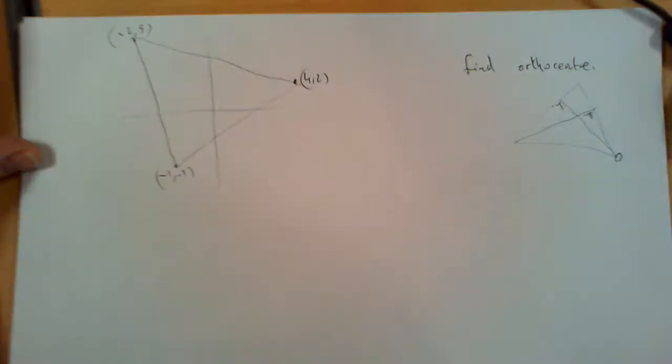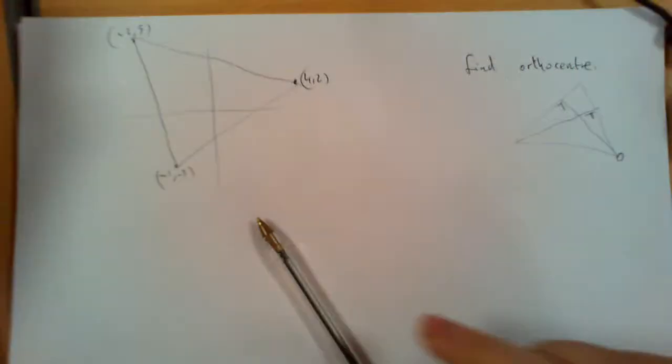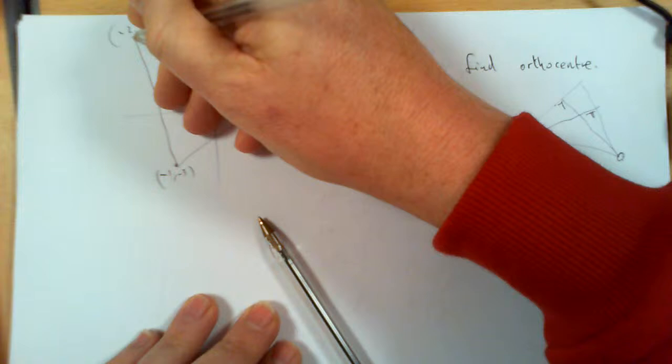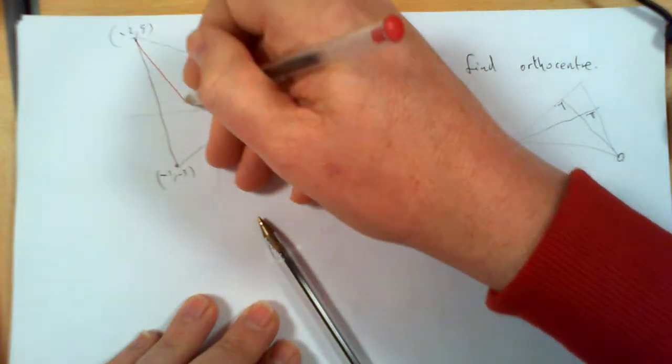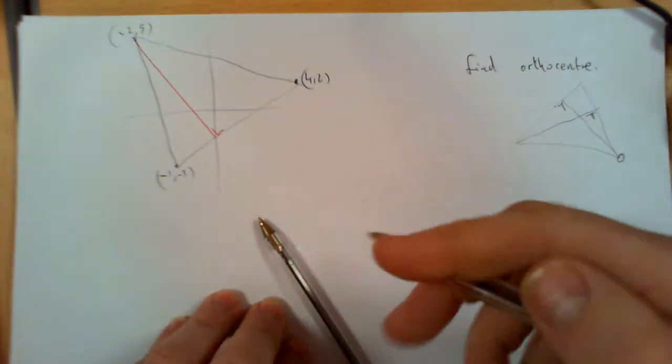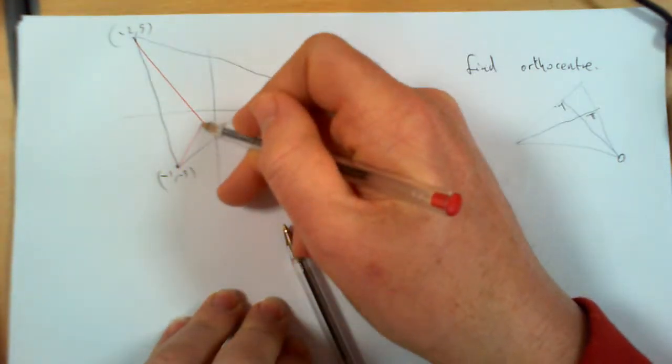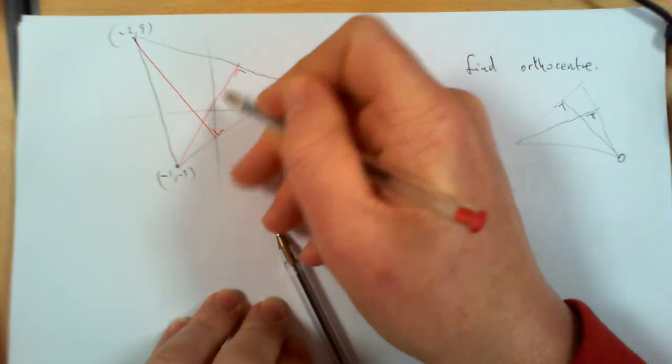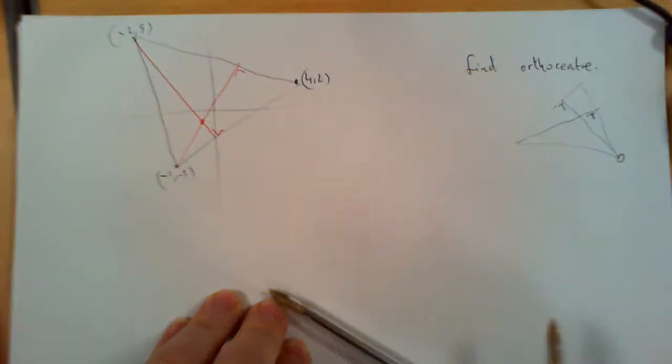Very rough, but you're getting the idea. What I want to do is create a line, in red, through that point that's perpendicular, and do the same thing here. That will give me the orthocenter.